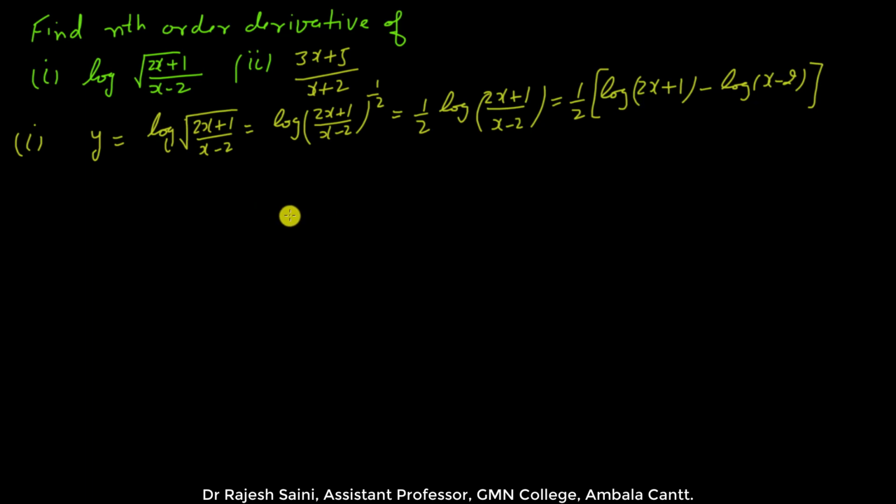Now we have to find the nth order derivative of this quantity, but here two quantities are given whose nth derivative is to be determined. So I am going to assume this as u and this thing as v.